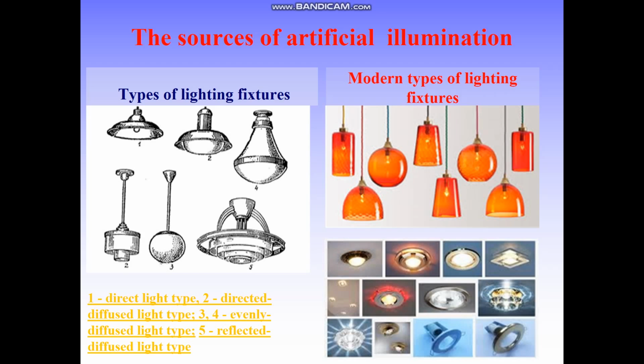Local: the light flux from the lamp is directed to the workplace, for example, the work of a watchmaker, jeweler, or stomatologist. Combined: when the general light is used jointly with the local. Very often it is necessary to use applied lighting, when insufficient natural lighting is supplemented with artificial.